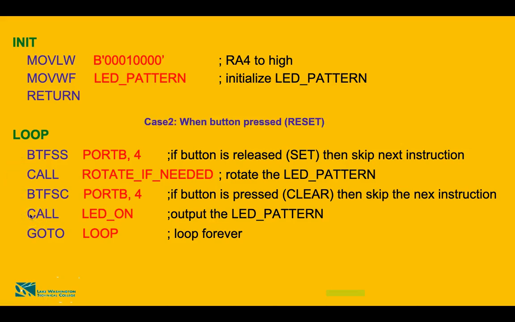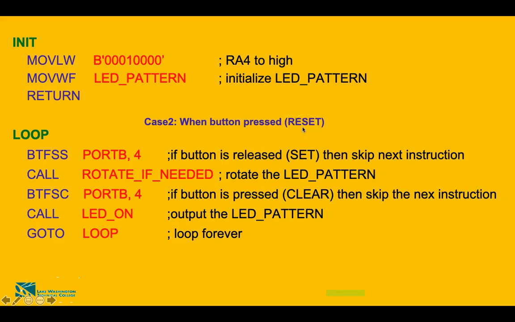Before I go to the LED_on, let's see this second case, when the button is pressed, and we are assuming that the button is pressed and this is reset, or you can say clear. You see here when the button is pressed, it's clear. If it is confusing, then you can write down here clear instead of reset.